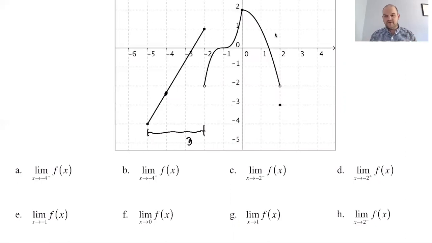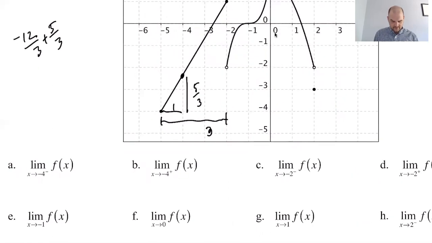Slope is always 5/3, it turns out. I use that maybe too much. So if I go over 3, I'm going to go up 5. So if I go over 1, I'm going to go up 5/3. And I started at -4, which is -12/3 plus 5/3.